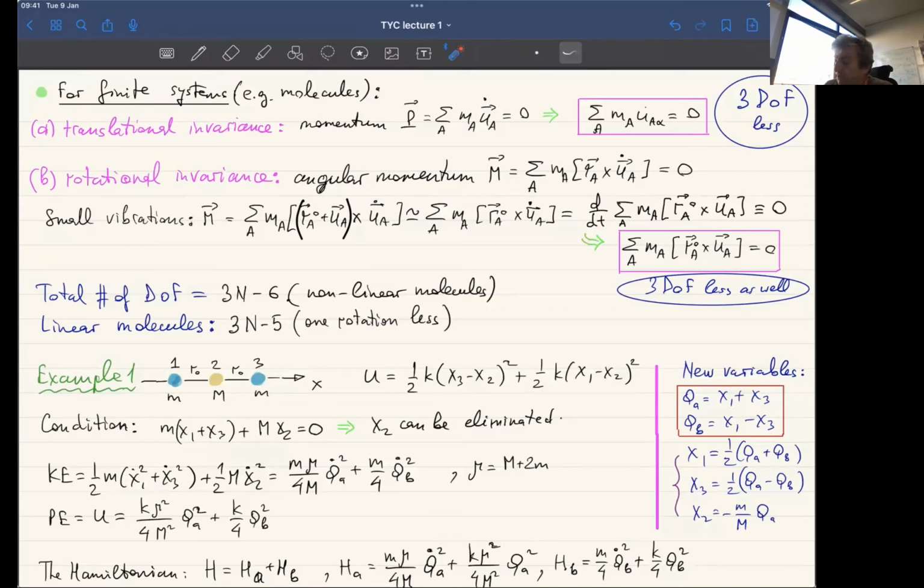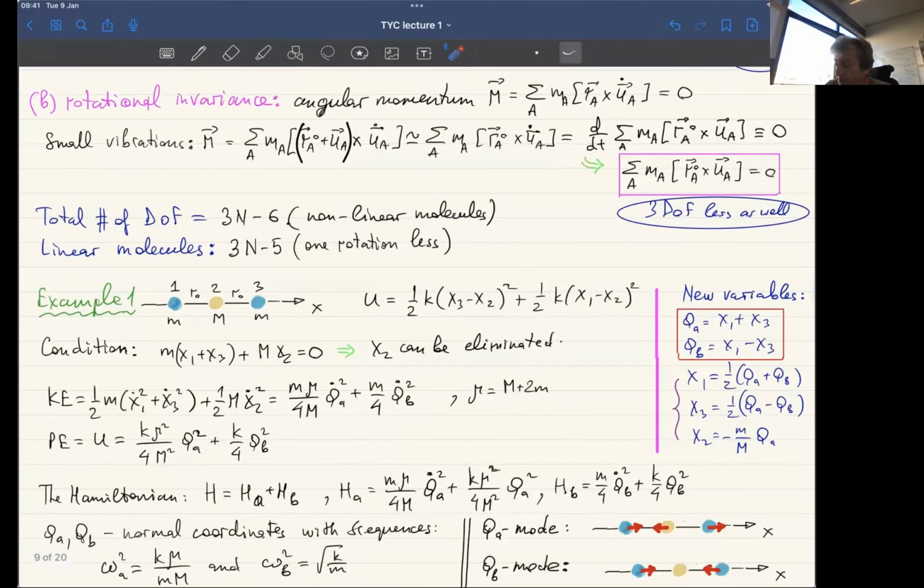So generally for a nonlinear molecule, we have 3N minus 6 degrees of freedom associated with vibrations. And any vibrations we consider must not include this translational component or rotational component. For a linear molecule, there will be 1 degree of freedom more for the vibration, 3N minus 5 altogether.